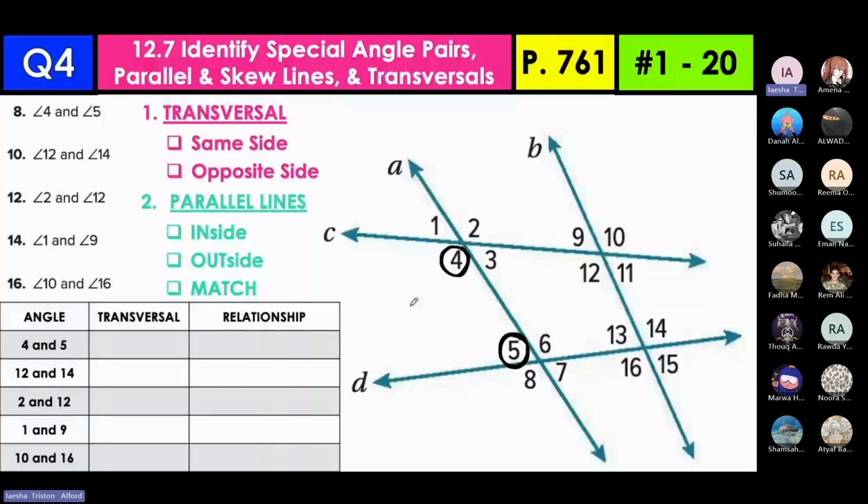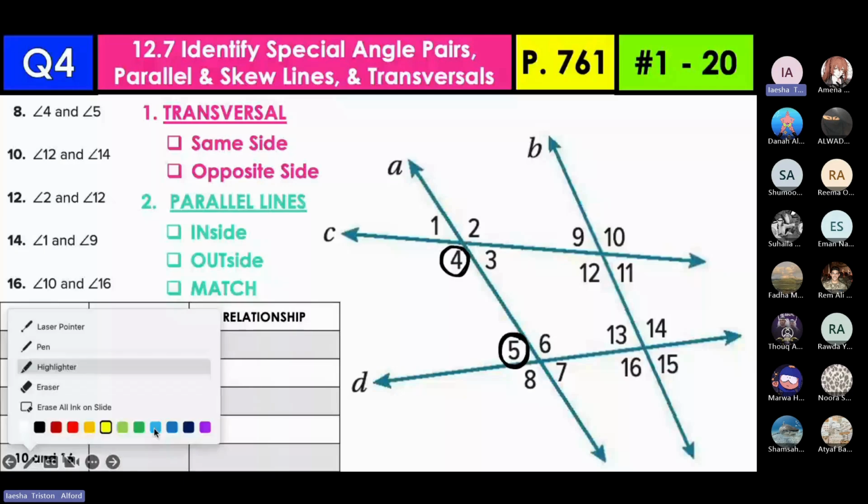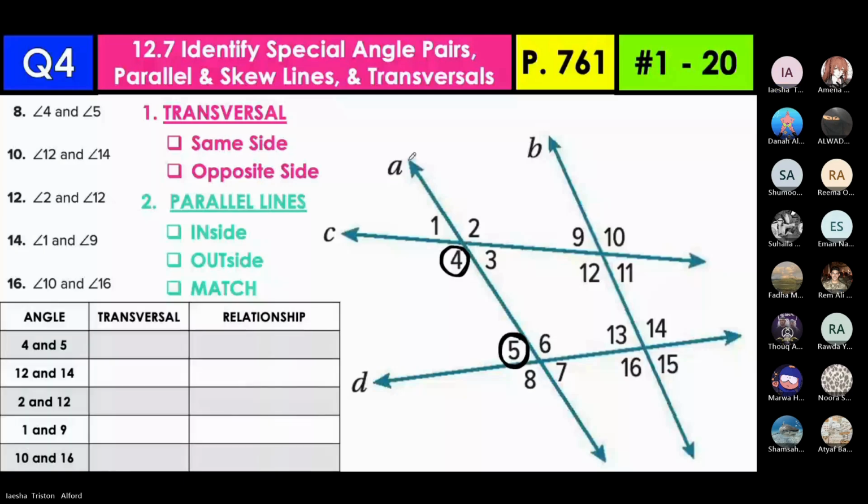Anybody know what line? It has to touch both. A. So, line A. Consecutive. First, you have to say what is the transversal. So it's going to be A. Then they're on the same side or opposite side of line A. Same side, inside or outside or match.